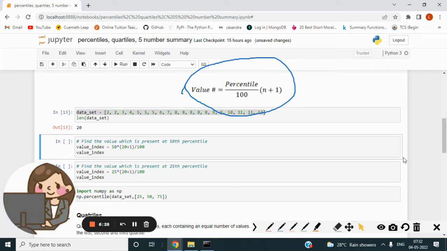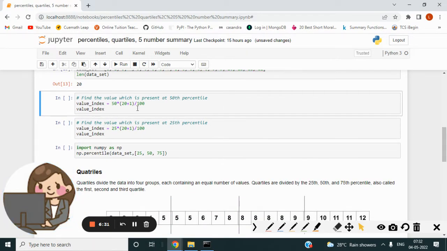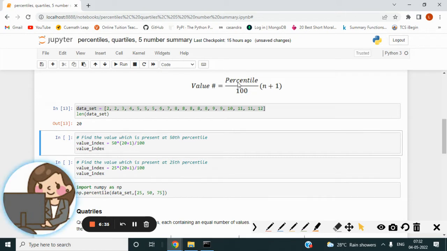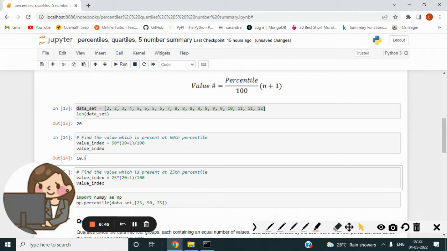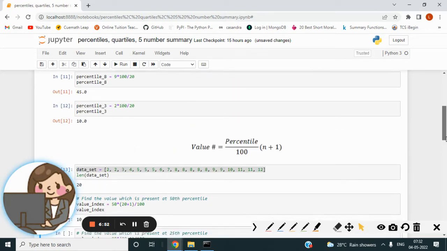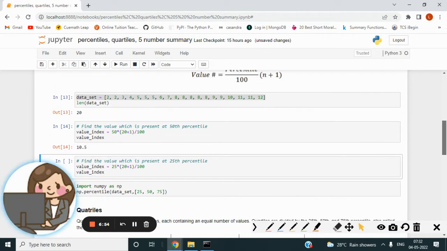We know that. Now if we want to find the value at 50th percentile, I have substituted it in the formula. So 50 into 20, so n is 20, right? 20 plus 1 by 100. Okay, so the value index at 50th percentile is 10.5. It means that the value that is present between 10th position and 11th position can be said as the 50th percentile value.